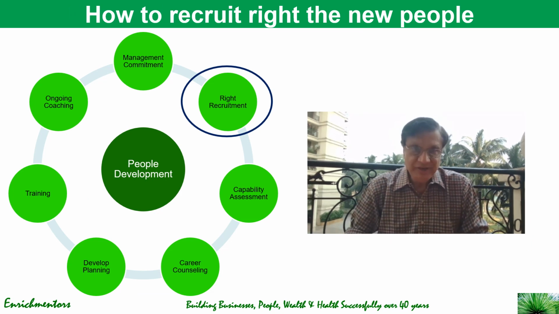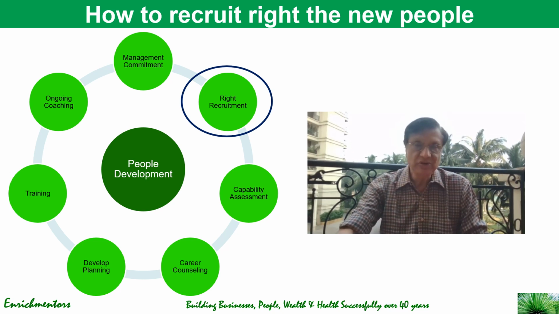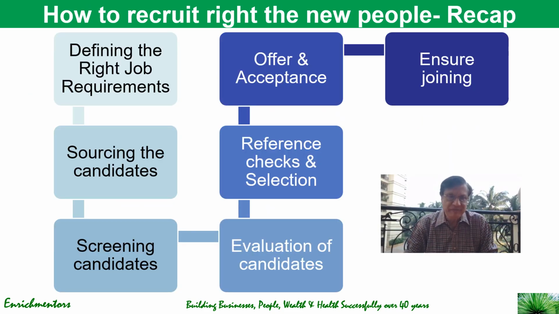Having clearly seen the management commitment, or demonstrating your own management commitment, the second thing is to look at whether you have the right people, or are you recruiting the right people, especially the new people that you have. So how do you think you can go ahead and recruit the new people? We talked about it in the last section. So this is the recap of that. It starts with, once you have identified the open positions, you need to define the right job requirements, and we went into a lot of detail there. Source the candidates, right?